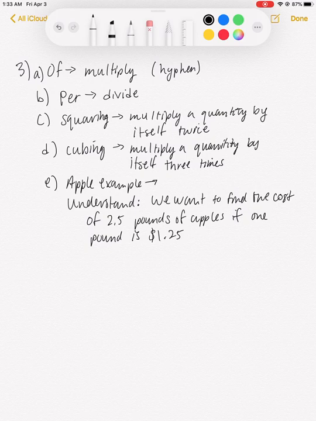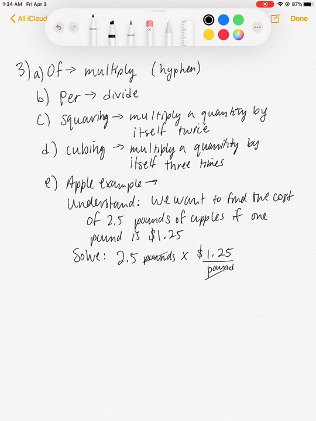Okay, so solving it. In this case, since we have 2.5 pounds and we have something per pound, so we multiply. The number of groups is 2.5. And the number in each group is $1.25 per pound.